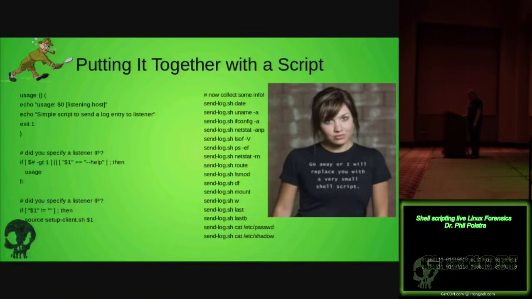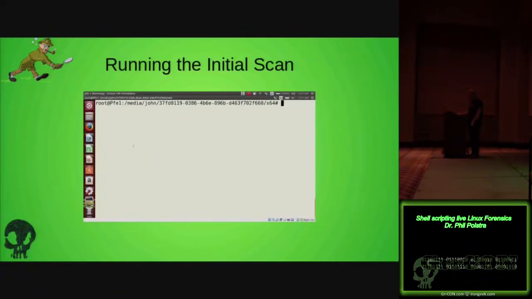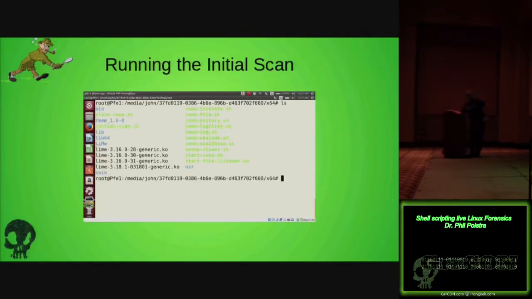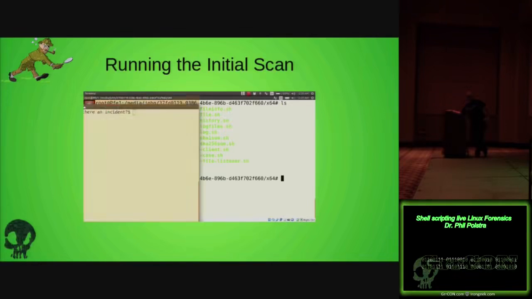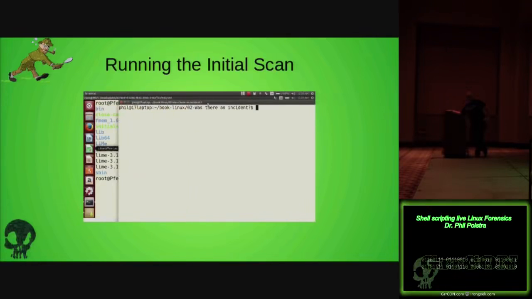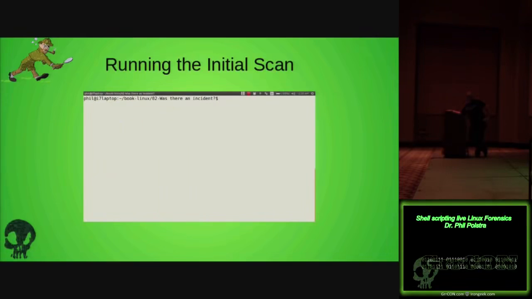So here's what it looks like when you run that script. All right, so here, again, I've mounted my known good binaries, and I have my known good bash shell running, and I'm just going to run this script. So I'm on my forensics workstation.